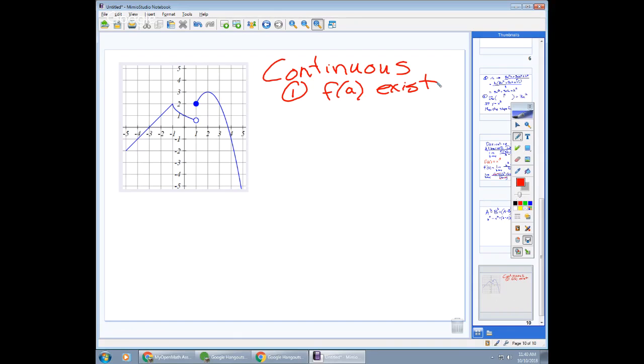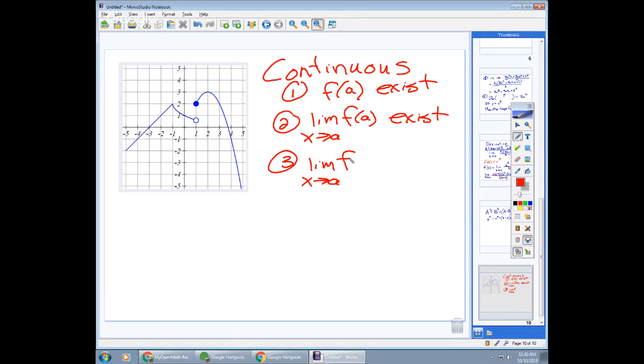We hope it does. 2, does the limit as x goes to a of f of x exist? We hope that it does. And the third condition is that the limit as x goes to a of f of x actually matches the function value.